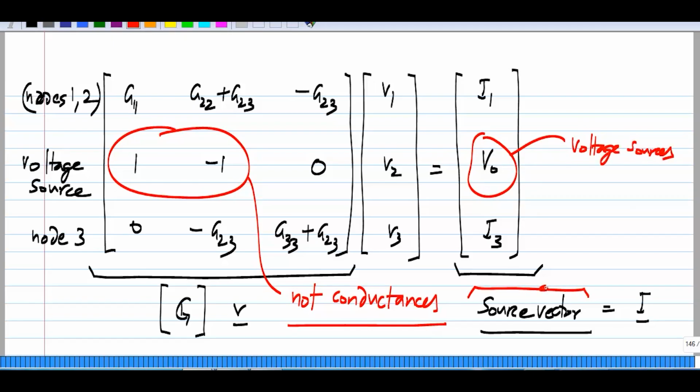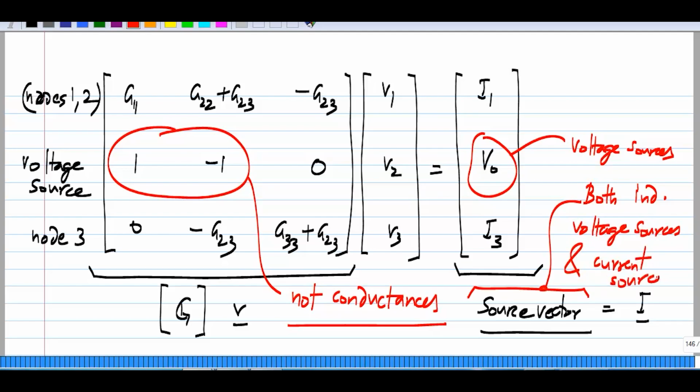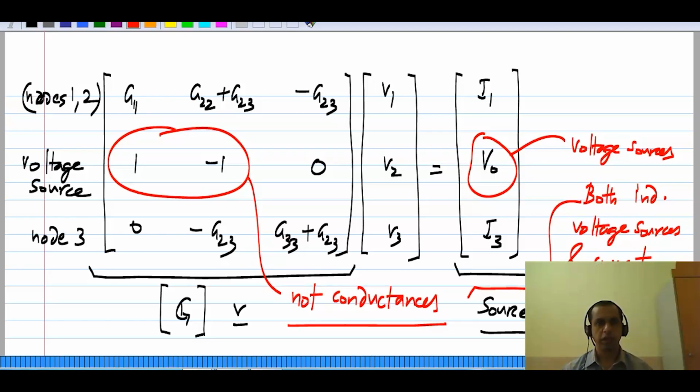So the source vector will have both independent voltage sources and current sources. This is fine. So when you have voltage sources in the circuit, you can form supernodes consisting of the nodes between which the voltage source is connected, and then go ahead with nodal analysis.